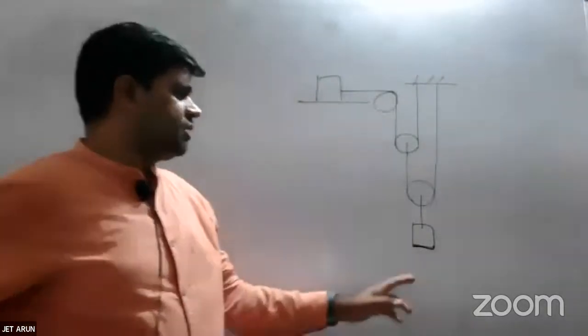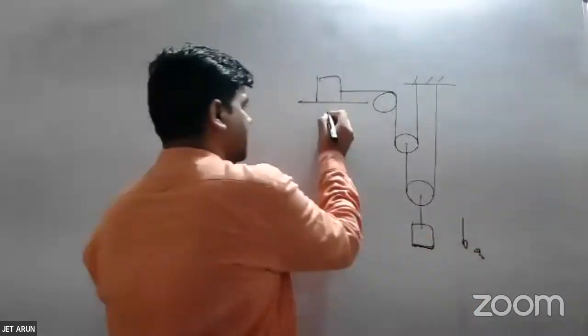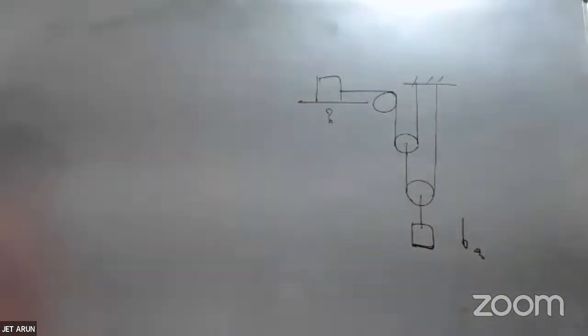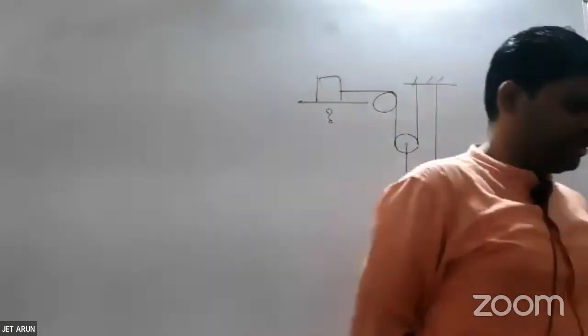All I want is, if the acceleration of this is A naught downwards, what is the acceleration of this block on the table? Take 1 minute, but think and answer.